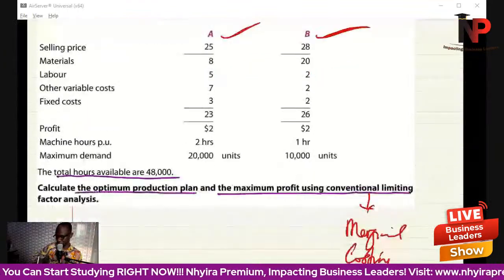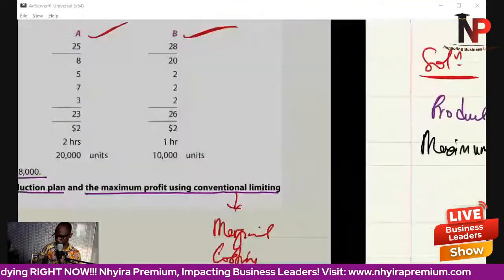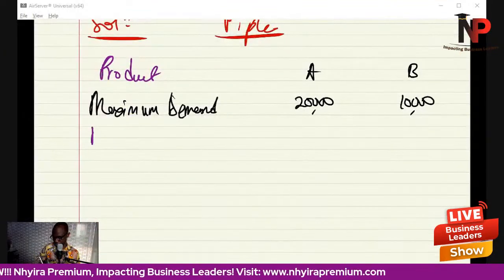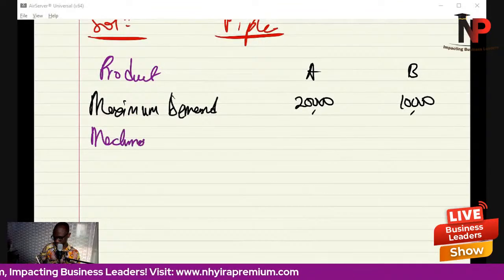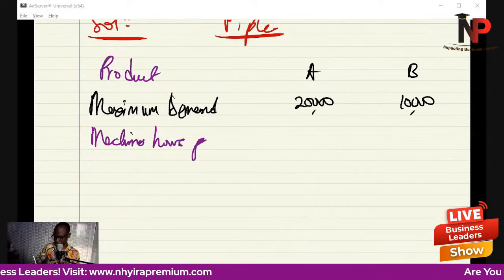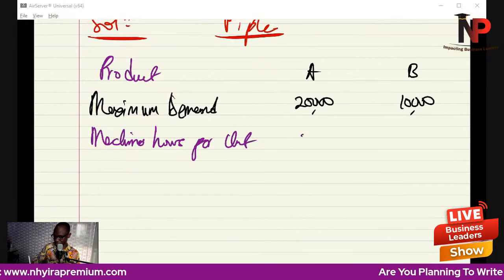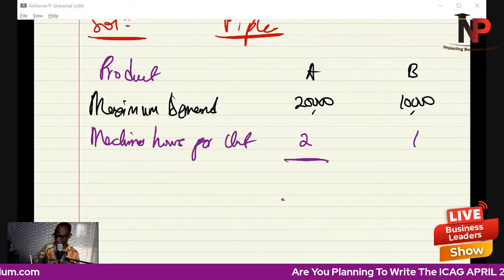Then we bring in the machine hours per unit, 2 hours and 1 hour. So machine hours per unit, 2 and then 1.